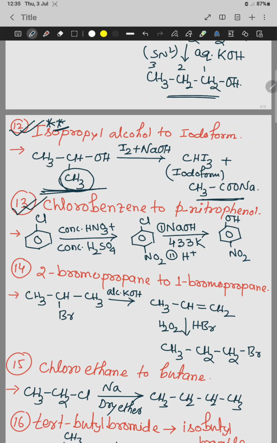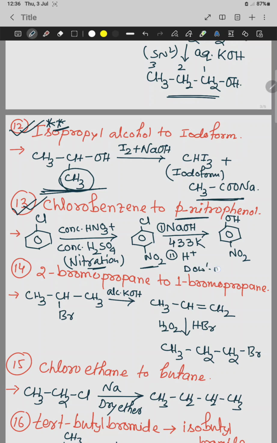Next one is chlorobenzene to paranitrophenol. So you know that in chlorobenzene, all the halogens are ortho and para directing. So first of all do the nitration reaction, and when you do the nitration reaction, the nitro group will attach in the para position as well as in the ortho position, and we require only the para one. That's why we write the para, and after that we will do the Dow's method.